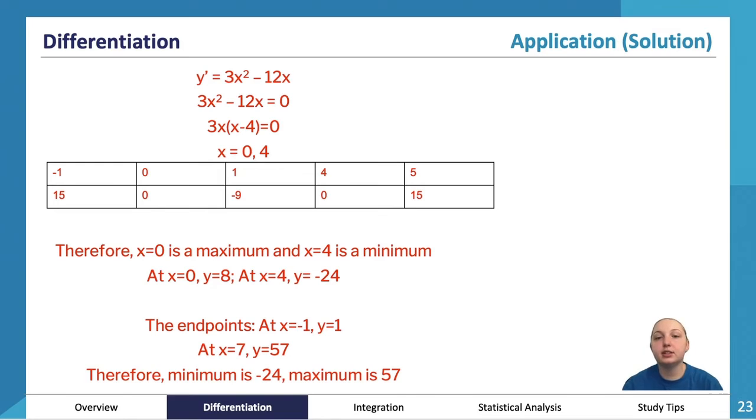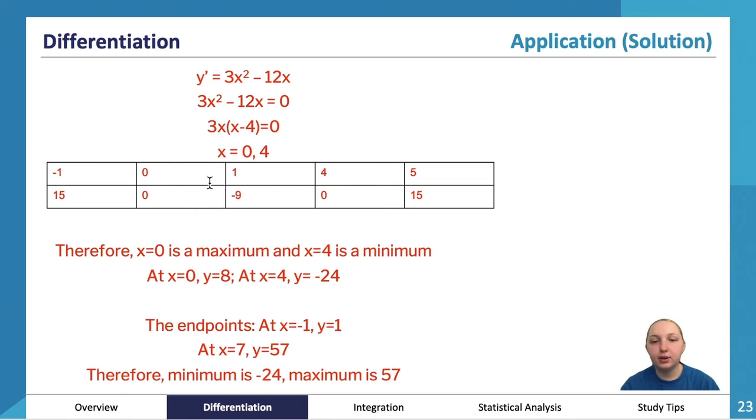Then, in order to find our stationary points, we're going to make this first derivative equal to 0, and we're going to solve. It's a fairly simple solve, so you get 3x times (x minus 4) equals 0. And then your two solutions to that are going to be x equals 0 and 4. From here, we want to pop this into a table of values.